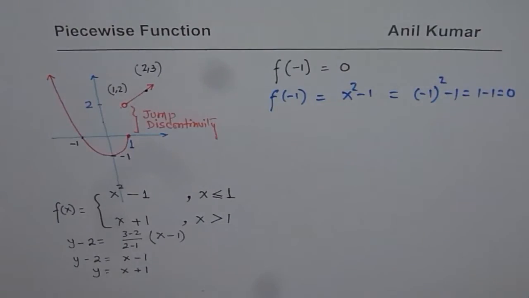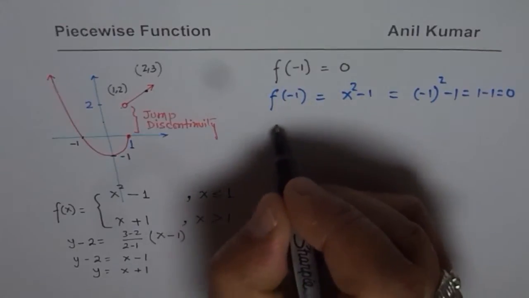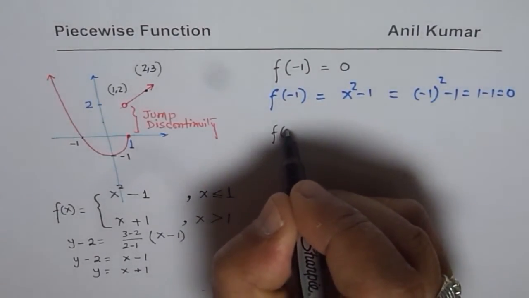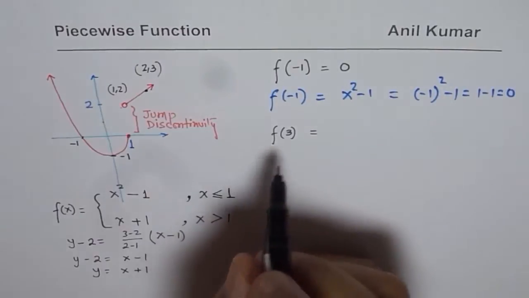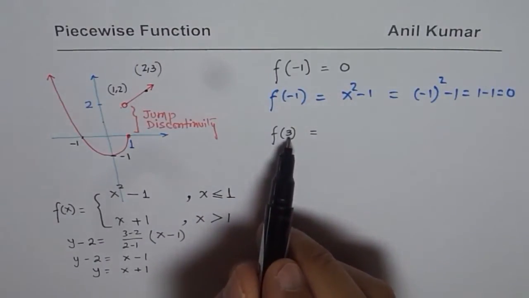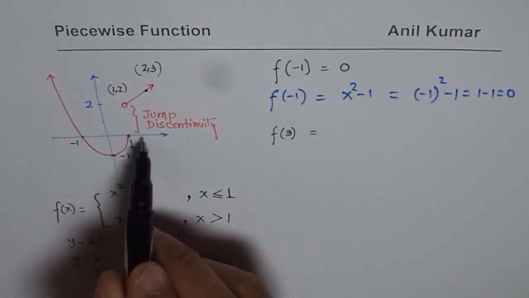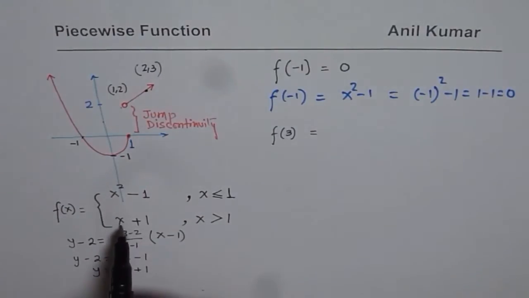Is that correct? Now, let us see how to find value of the function at, let us say, point 3. To find the value of the function at 3, we know 3 is on the right side of 1, and therefore the piece of the function which is on right side of 1 is given by the equation f of x equals x plus 1.